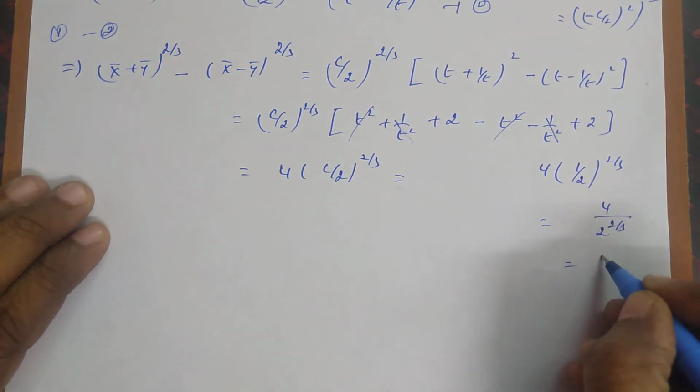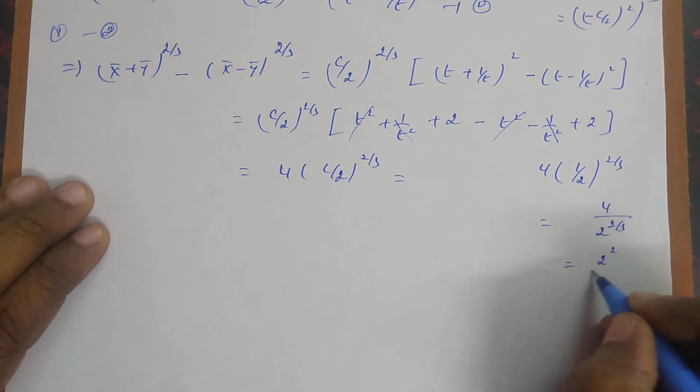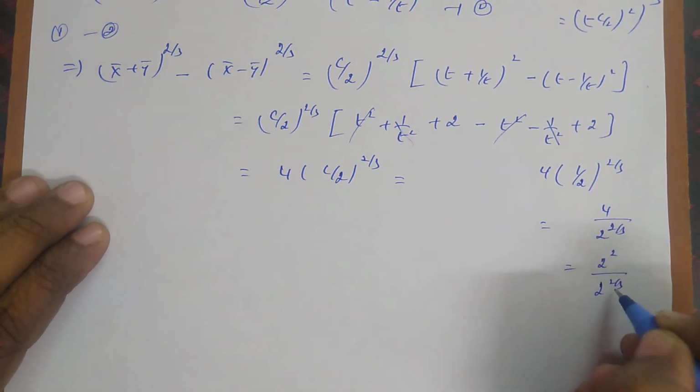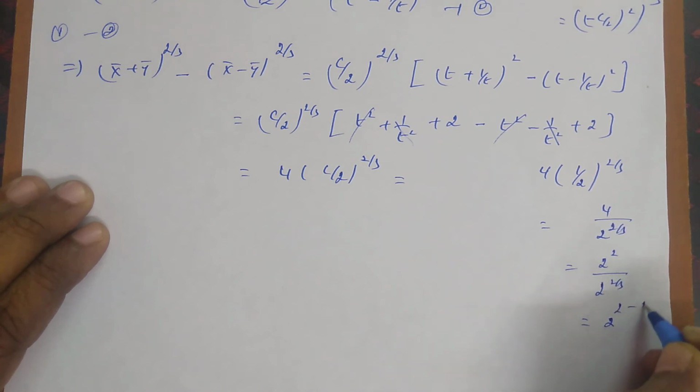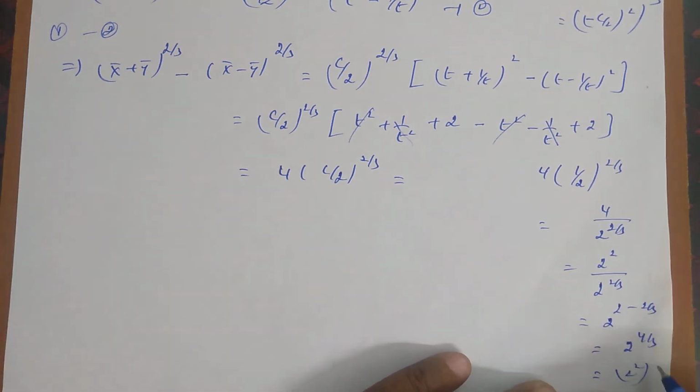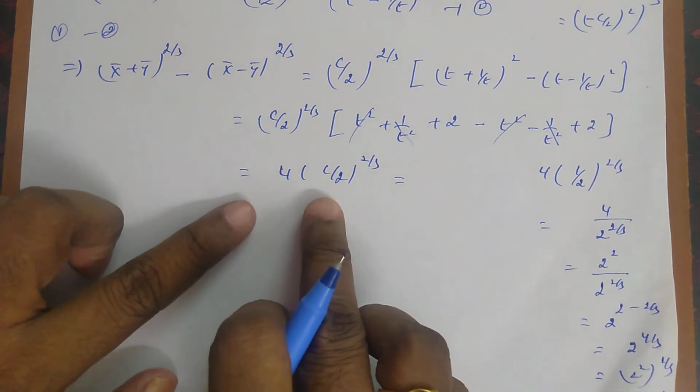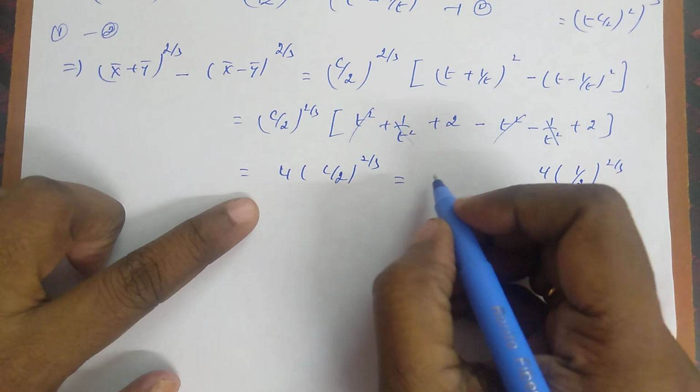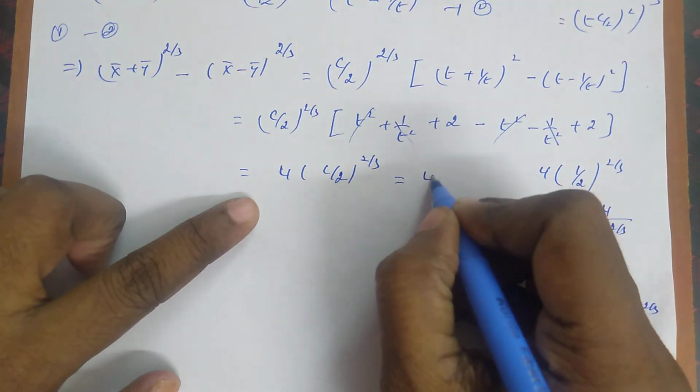So this can be written as 4 means 2 square, divided by 2 power 2 by 3, which equals 2 whole power 2 minus 2 by 3, that is 2 power 4 by 3, which equals 2 square power 1 by 3, that is 4 power 1 by 3. That is why in the next step we write this simply as 4c power 2 by 3.